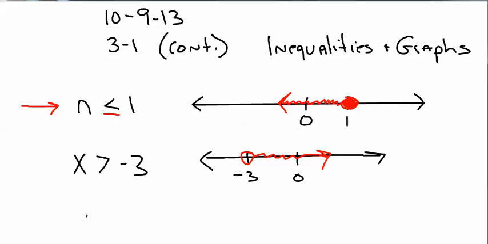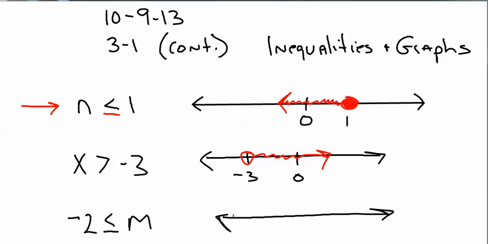Some people get confused when the variable's not where it usually is. That's not what you're used to seeing. So if it's not what you're used to seeing, we still put the -2 on there. We still put 0 on there. But now, open or closed? Closed, because it's or equal to.